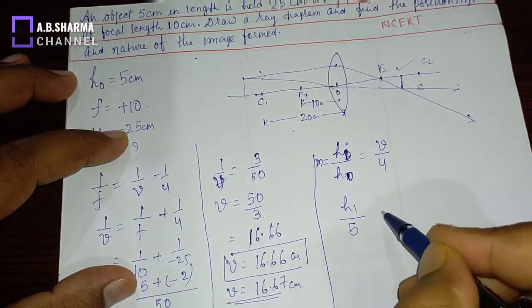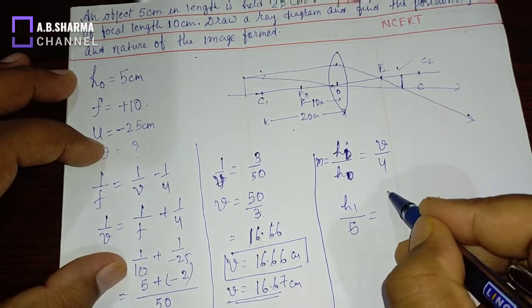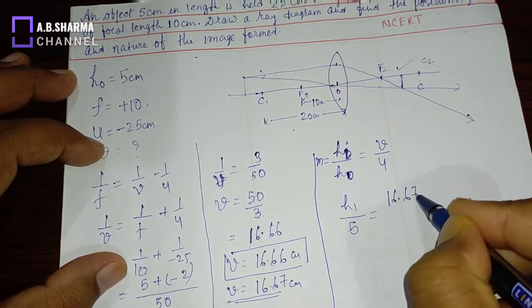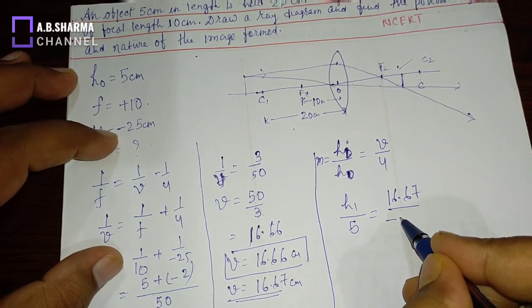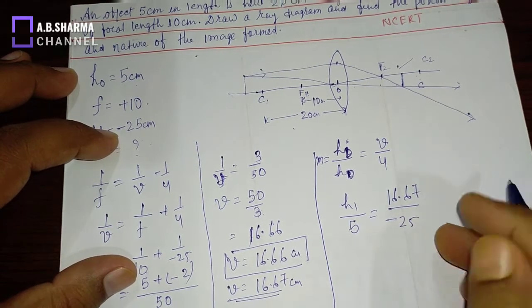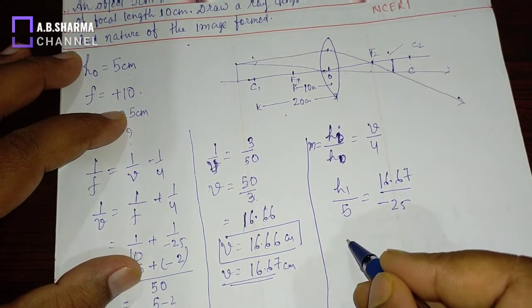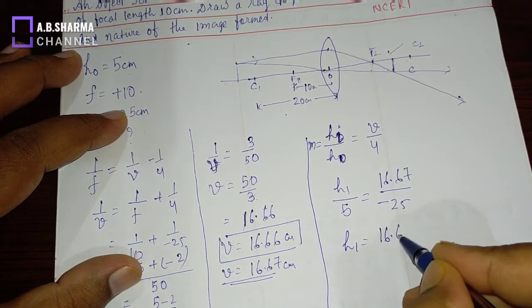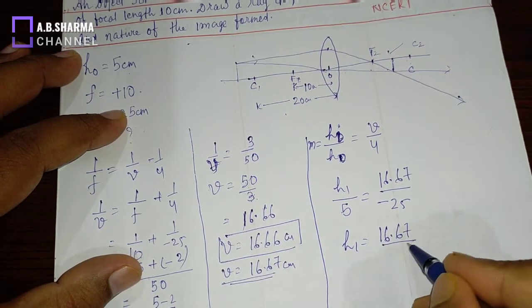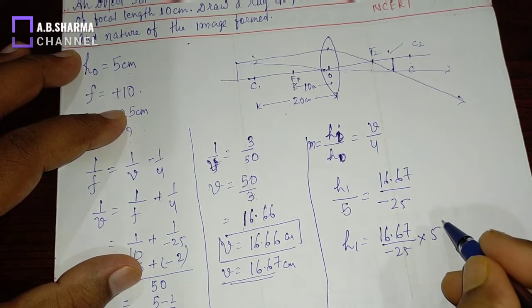So this is HI over 5 equals to V we have calculated, that is 16.67, and U is given minus 25. So this much, this will be HI equals to 16.67 by minus 25 multiplied by 5.